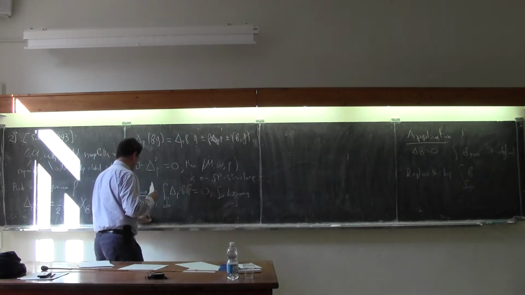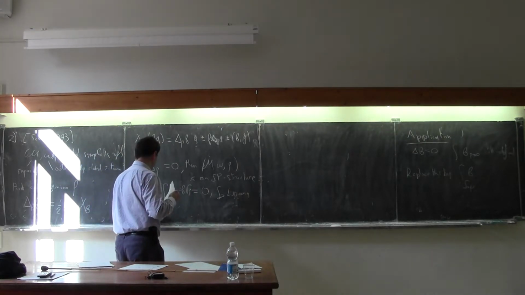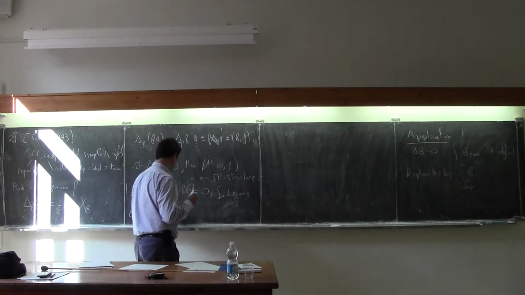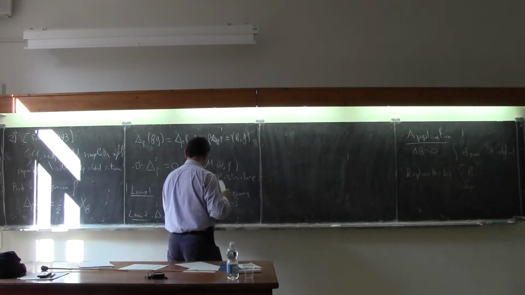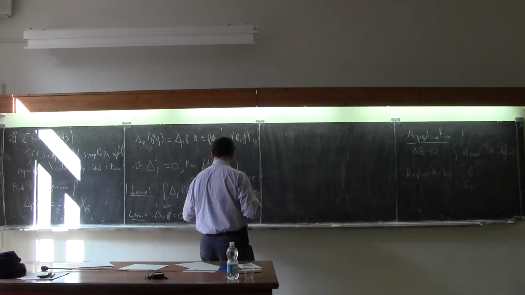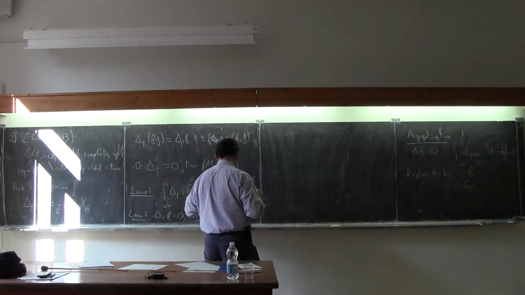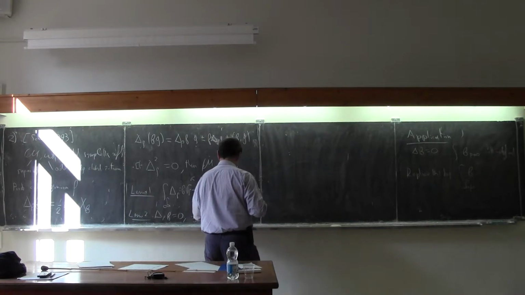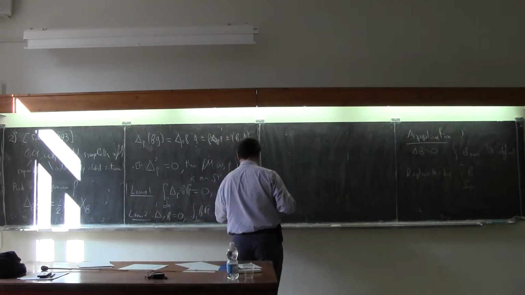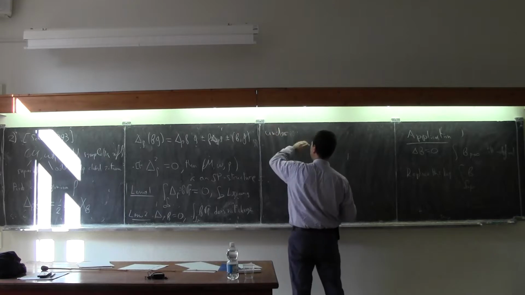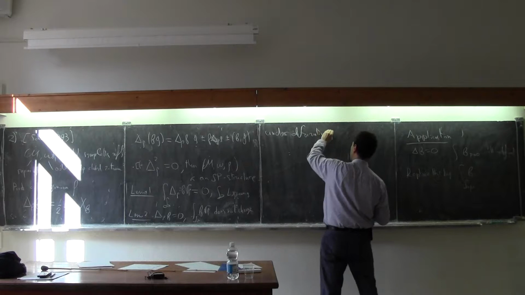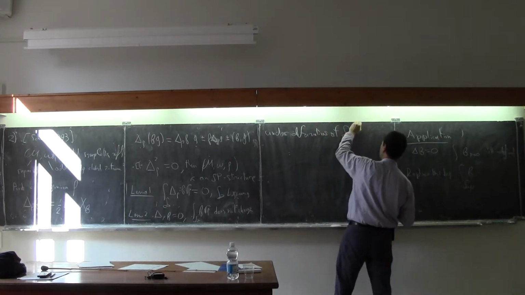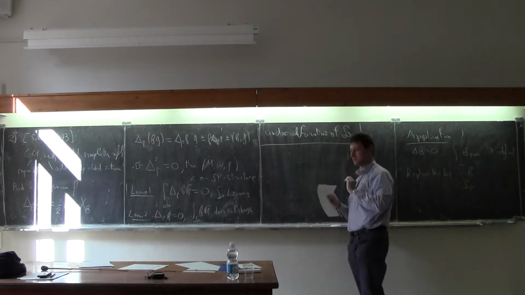And lemma 2 is as before: if delta rho f is equal to 0, then the integral of f on a Lagrangian submanifold doesn't change under deformations of L.